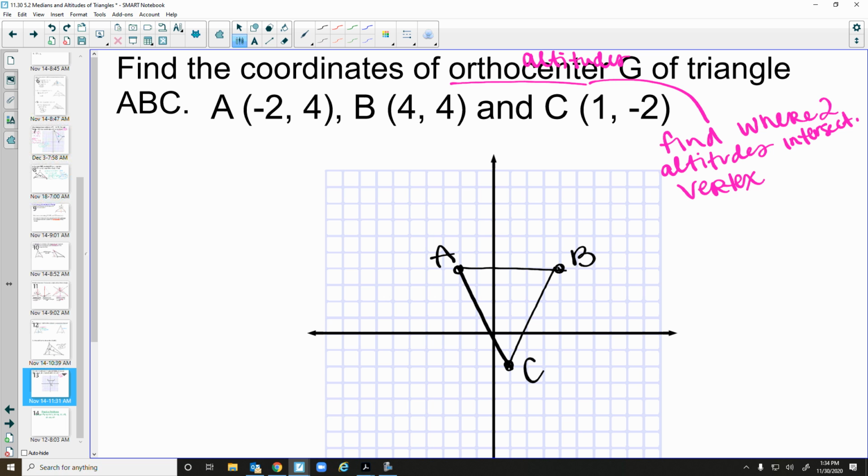And then from the vertex, what's the relationship to that other side? It just has to be perpendicular to the other side. So we're going to be creating two different equations for lines, and then find where those two lines intersect. So potentially solving a system here.